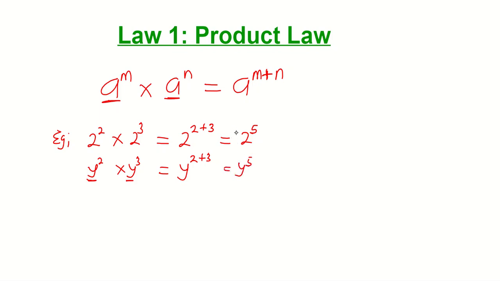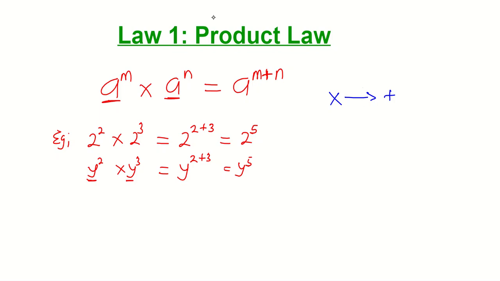This tells us that in indices, in cases where we are dealing with the product law and the bases are multiplying, provided they are the same, we are going to add the exponents. So multiplication moves with addition in terms of the laws of indices. Let's take that into consideration.